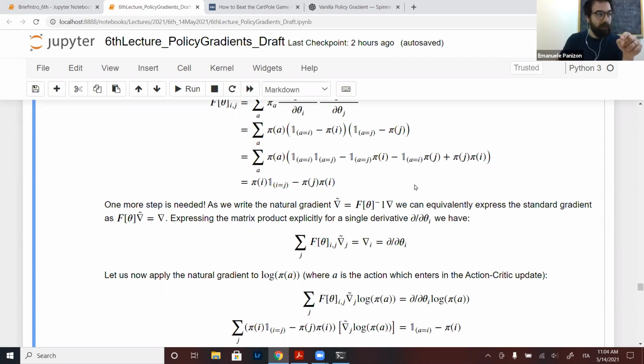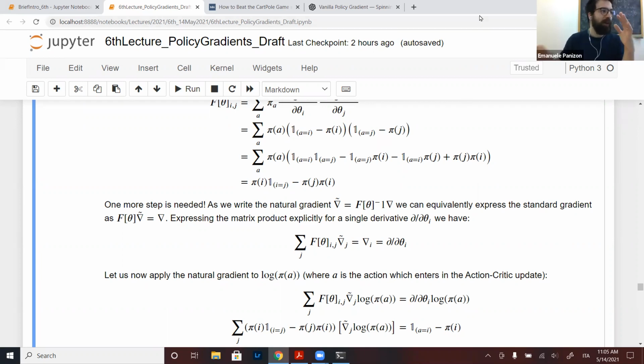For that reason, people found that there were simpler ways to deal with natural gradient. For example, there is a very simple way, which is clearly not elegant and mathematically has no proof of convergence, but it has been proven to work well in certain cases, which is called PPO, clipped.